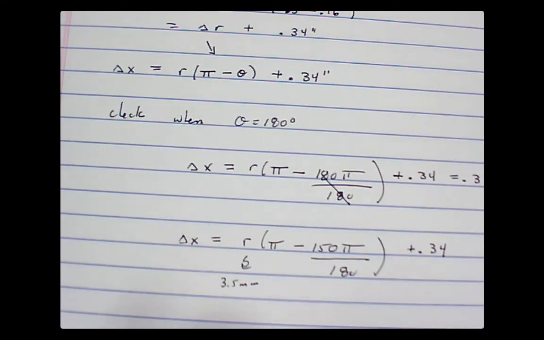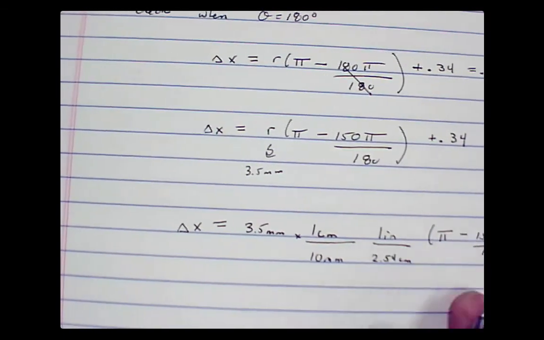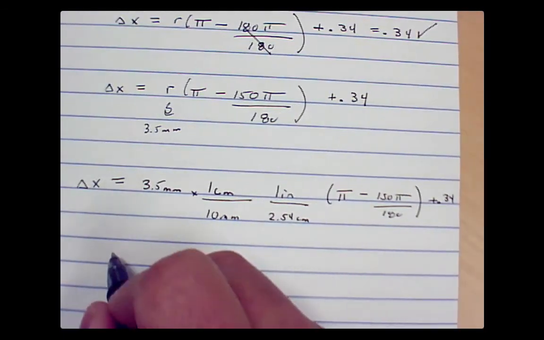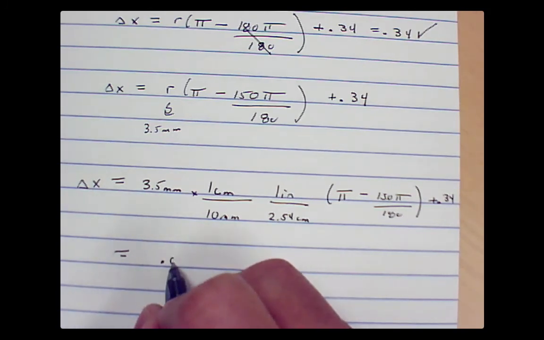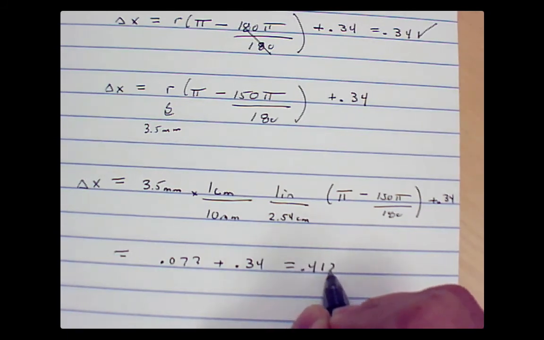So now my delta x equals 3.5 millimeters times, for every 1 centimeter I get 10 millimeters, and 1 inch is 2.54 centimeters, times pi minus 150 pi over 180, plus 0.34. And I get 0.072 plus 0.34 equals 0.412 inches.